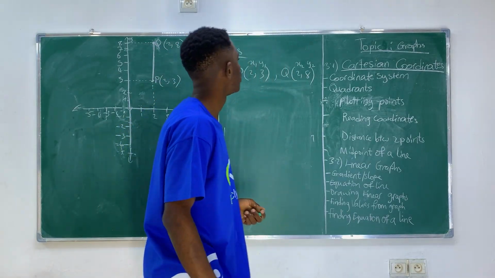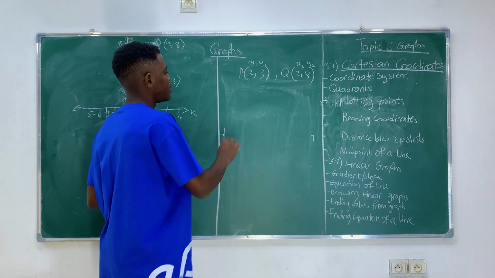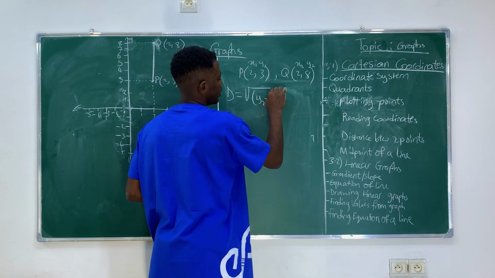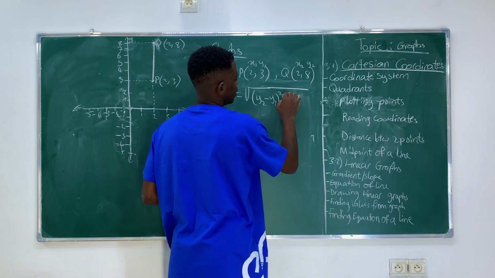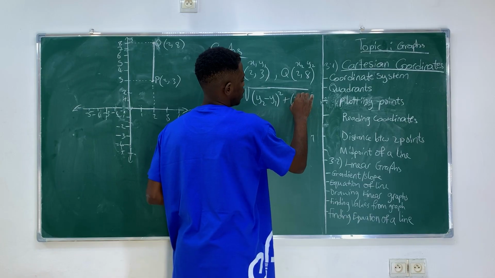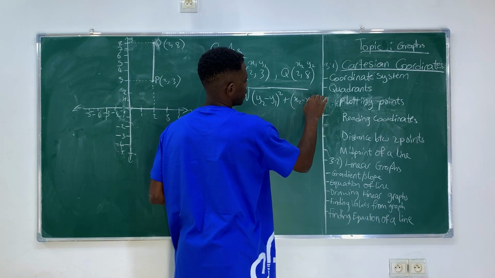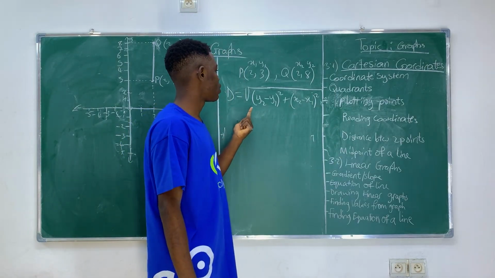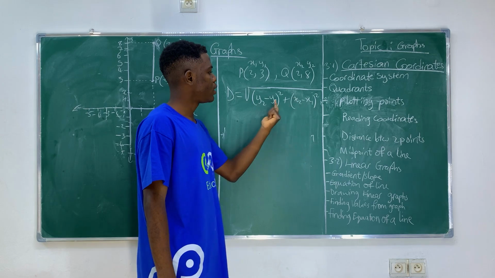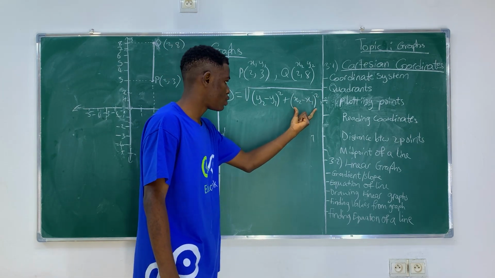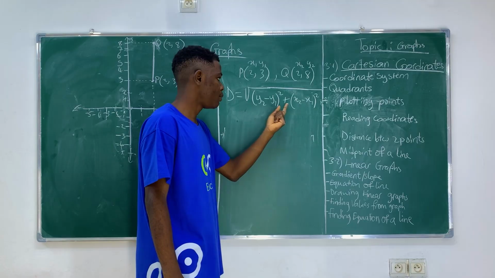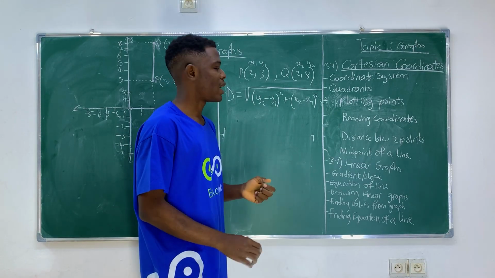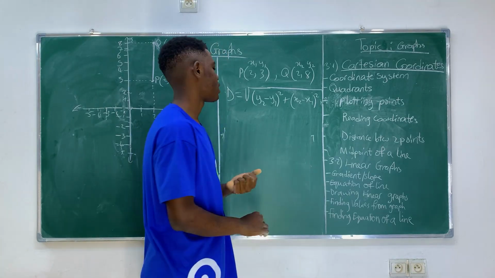So let's calculate normally with our formula. We know that distance d is equal to the square root of y2 minus y1 squared plus x2 minus x1 squared. Maybe in your school you'll see distance is equal to the square root of x2 minus x1 squared, then plus y2 minus y1 squared.